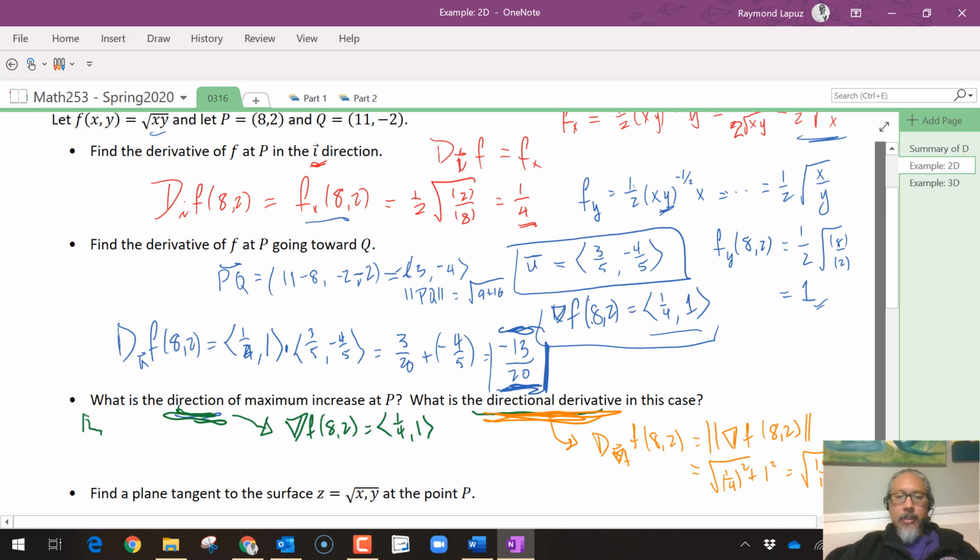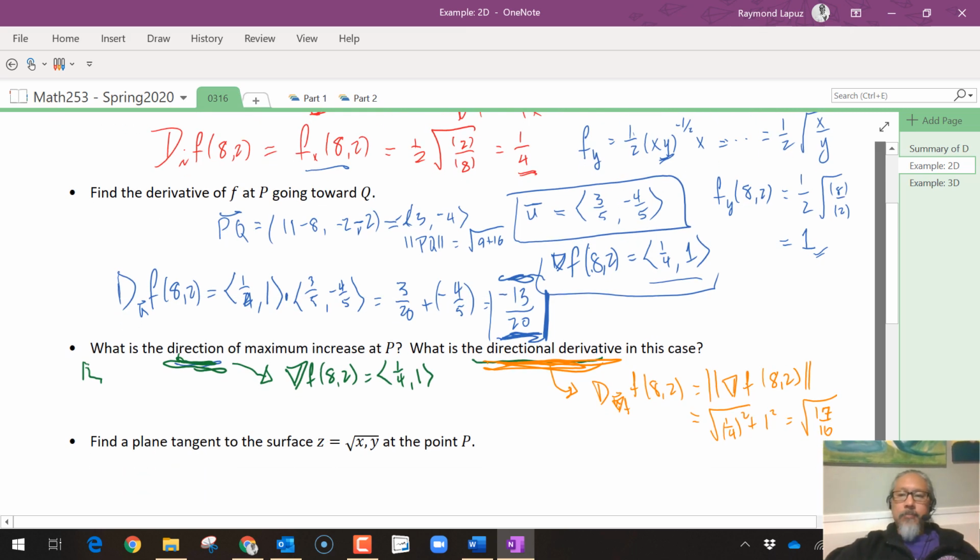We'll just leave it like that. So this is the actual directional derivative, the derivative in the direction of the gradient, and the first part that we saw was the direction of maximum increase. So that is a vector, and this other answer is a scalar.